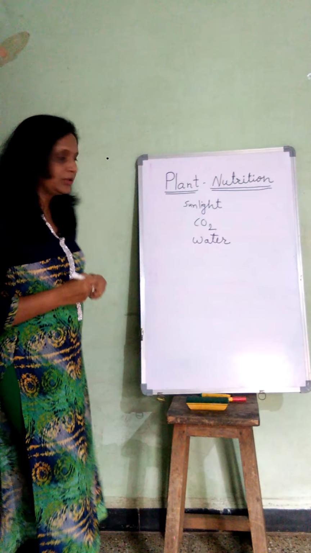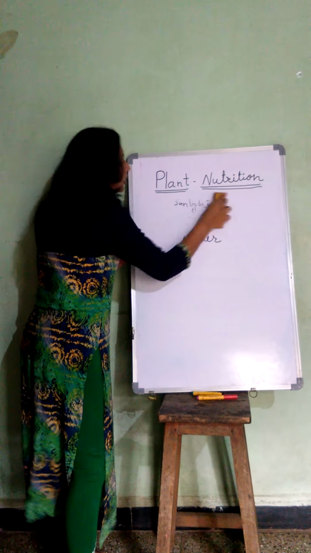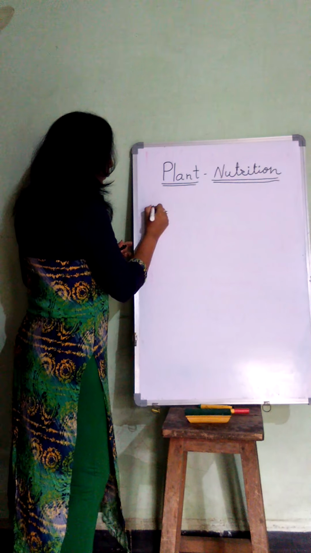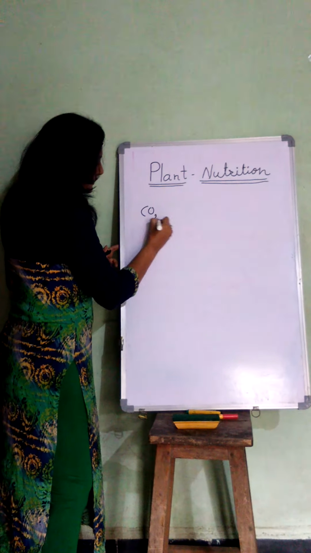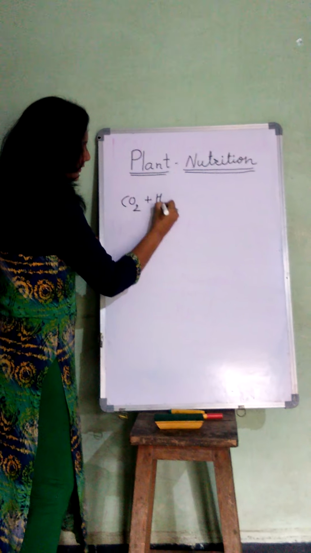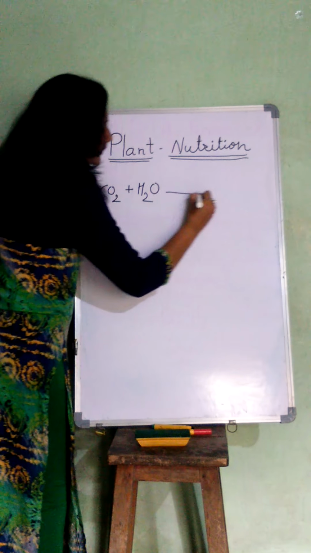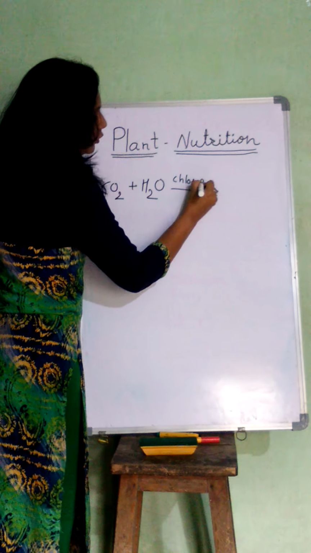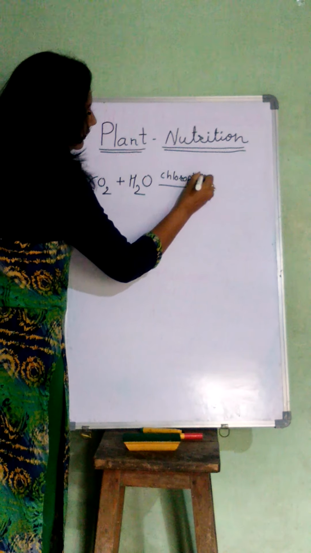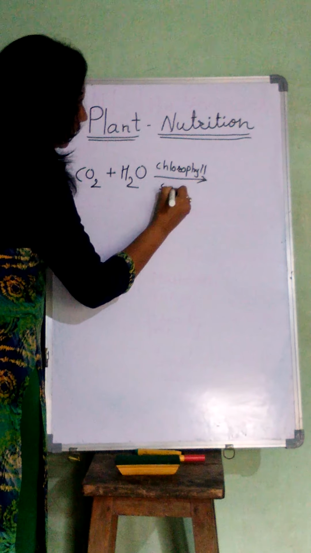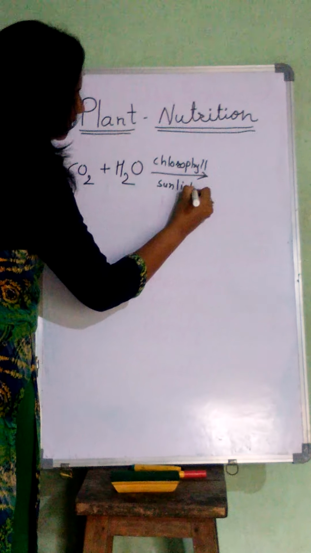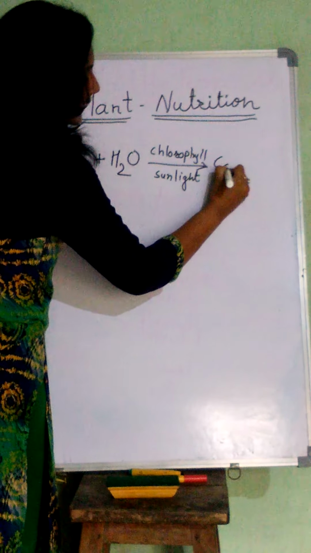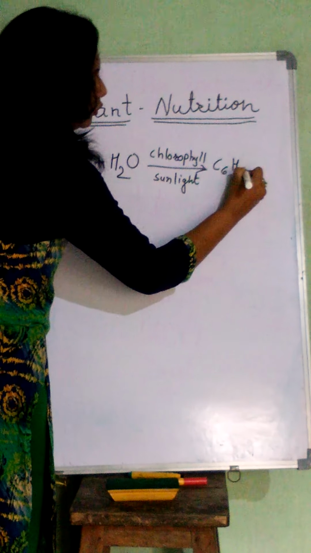By what equation can we mention this process of photosynthesis? With the help of carbon dioxide and water inside chlorophyll, and in presence of sunlight, plants prepare the organic substance like glucose.